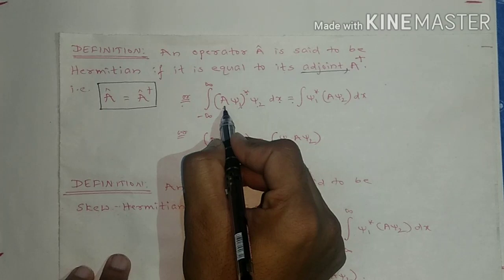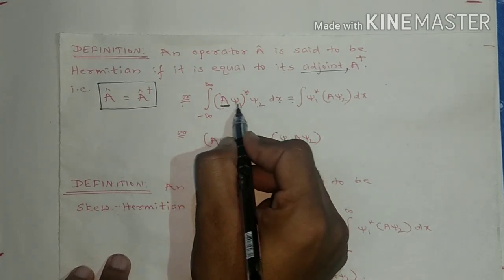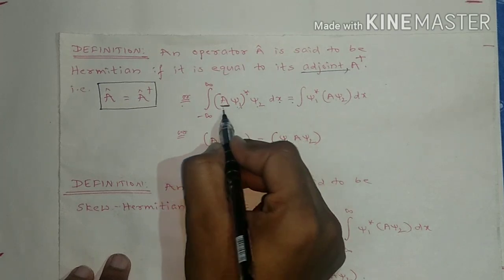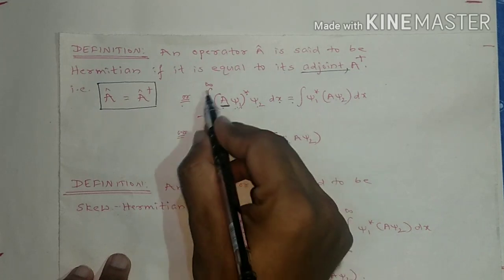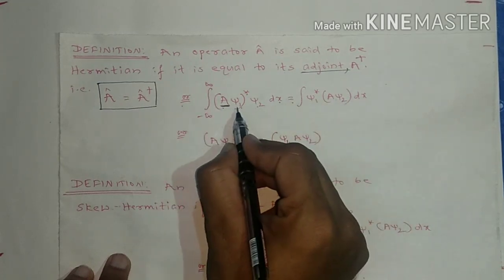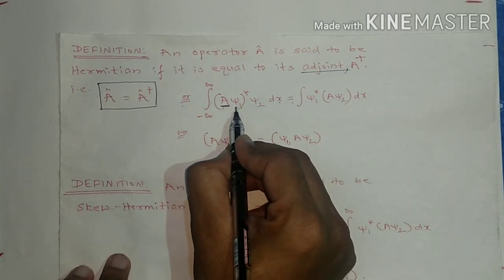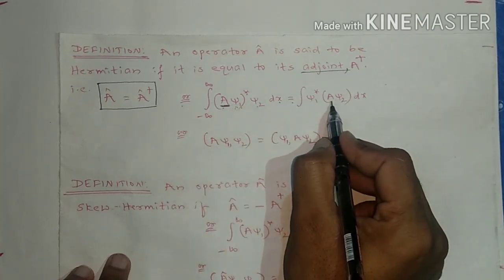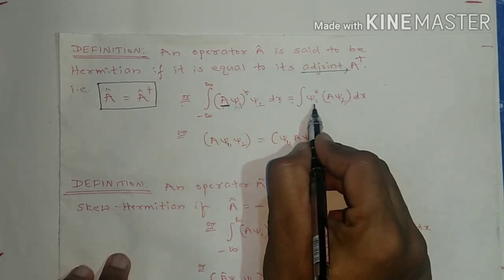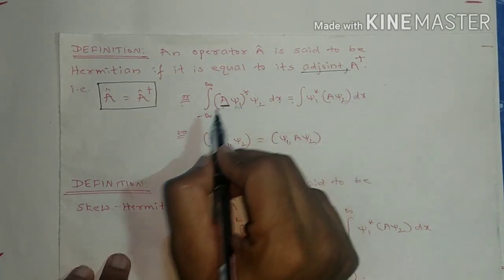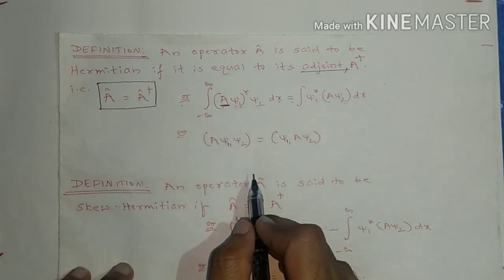So here we can see the operator A is associated with psi 1 in one integral and with psi 2 in the other. If these two integrals come out to be the same, then that operator is said to be a Hermitian operator.